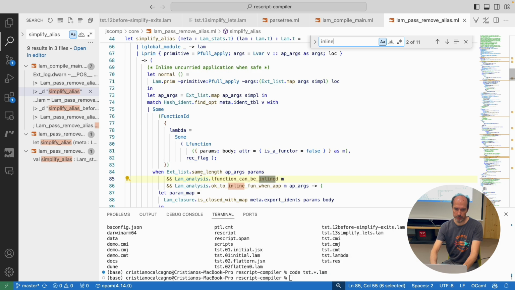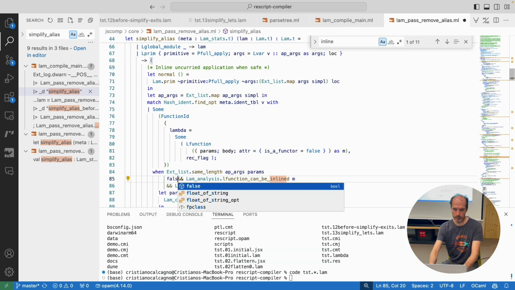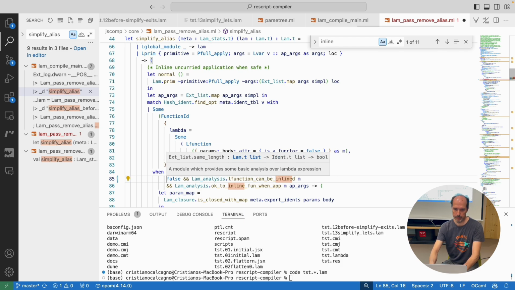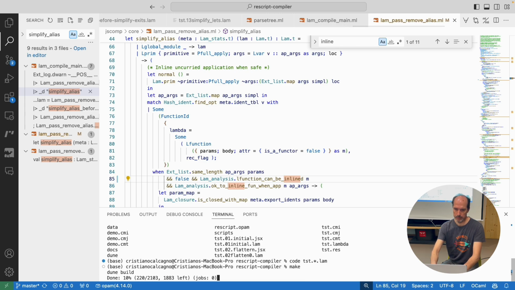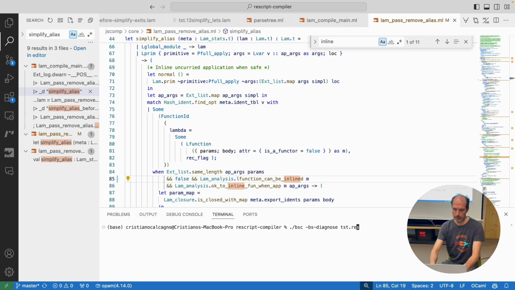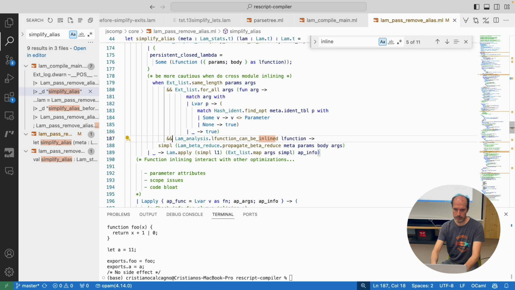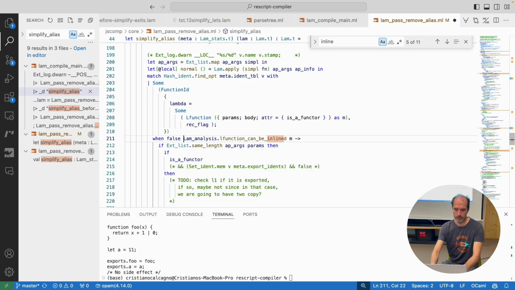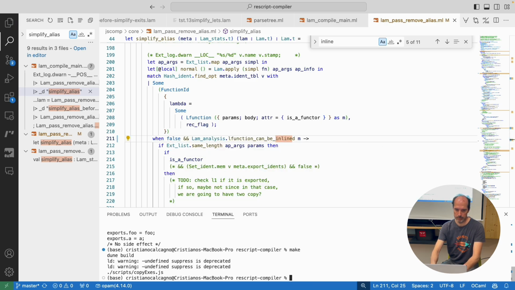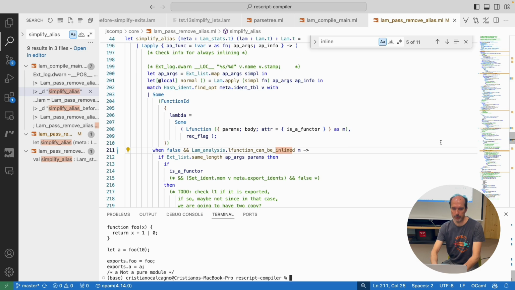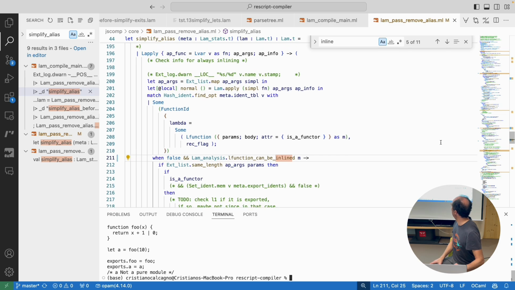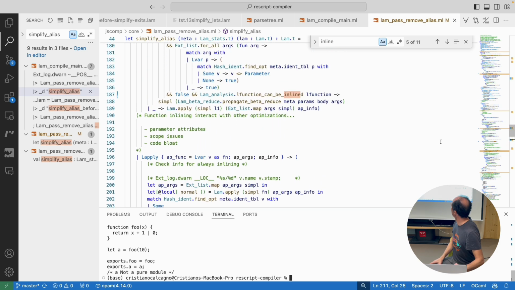So let's see. There we go. So we found where the optimization with inlining was happening.